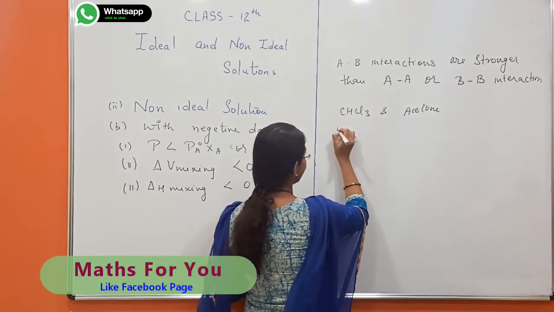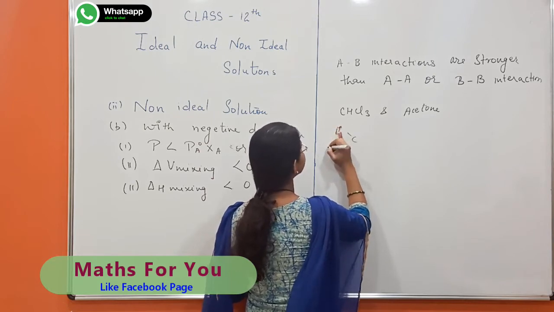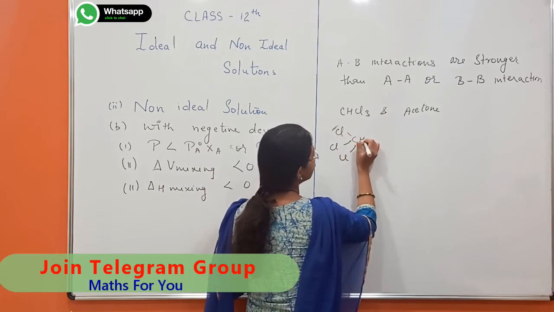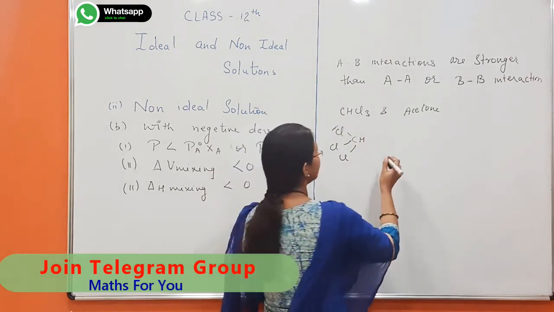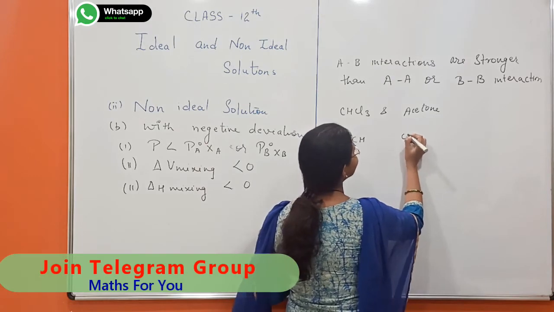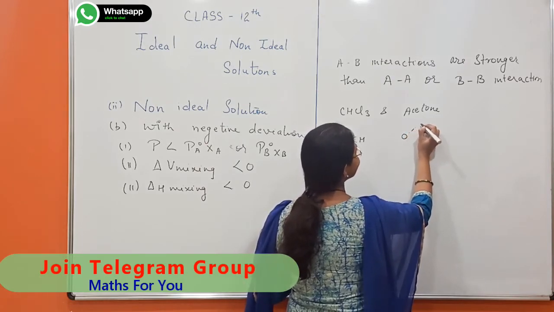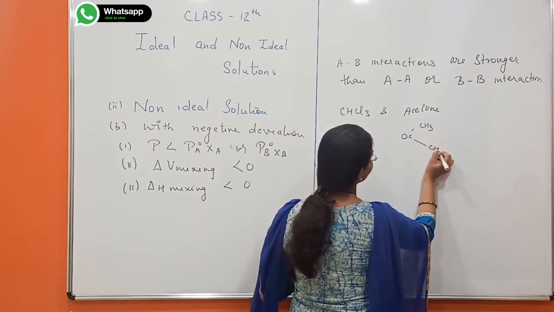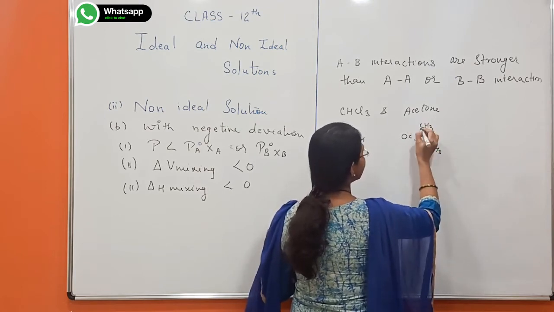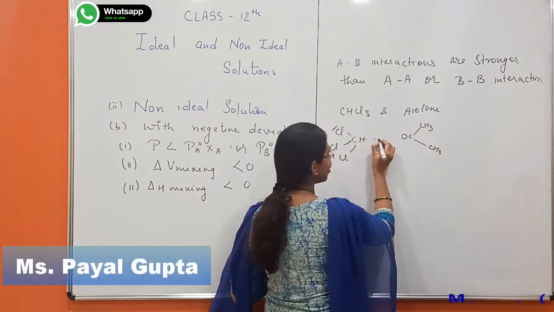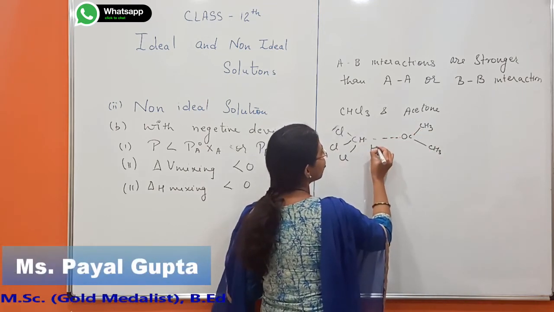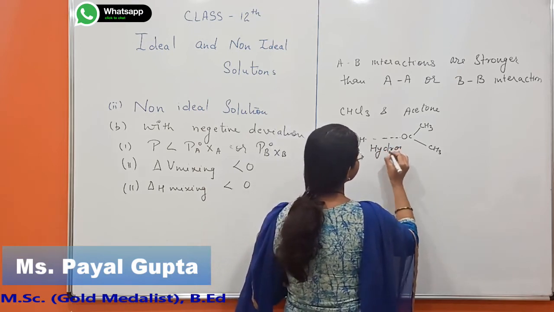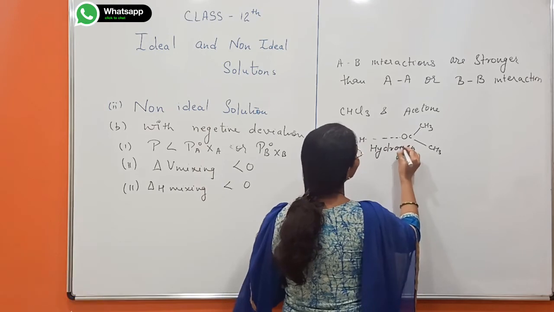You just look at it. I am drawing Cl3 here, H here, this is CHCl3. Now acetone is what? O, C, CH3 and here CH3. Likewise it is acetone. Now this is hydrogen and this is oxygen. So a hydrogen bond is formed between these two liquids.